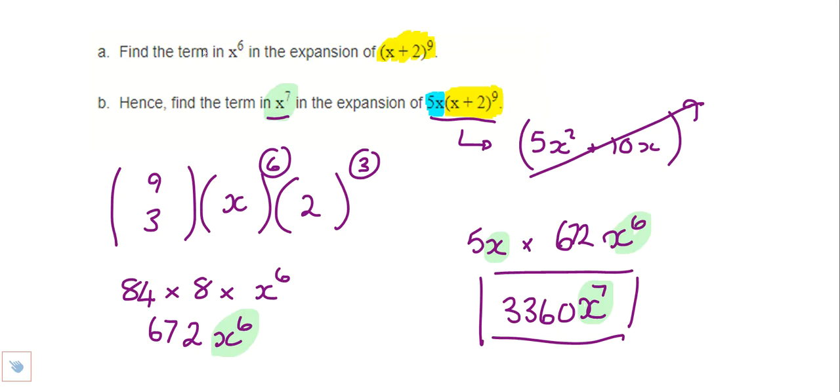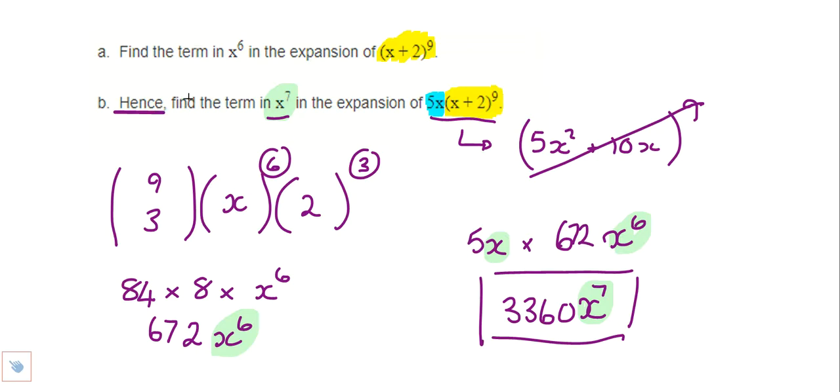Now there is a slight change. Maybe they would not give you the one that you want in part A to use in part B, but they might say, well, this is how you do it, now do it for a different one to find part B. But we've got here the words 'hence find'.